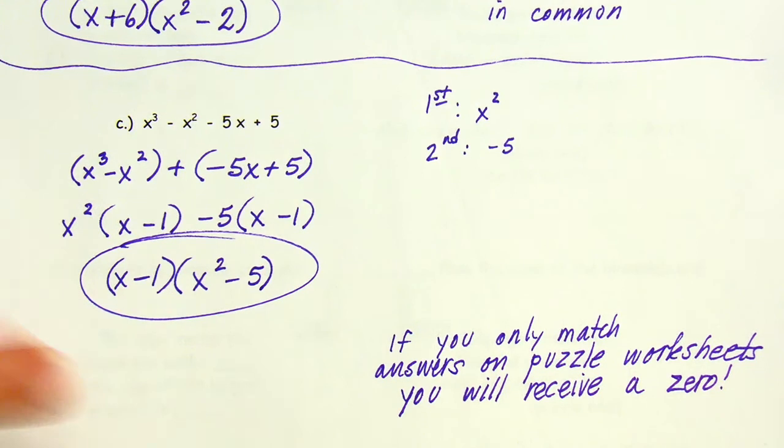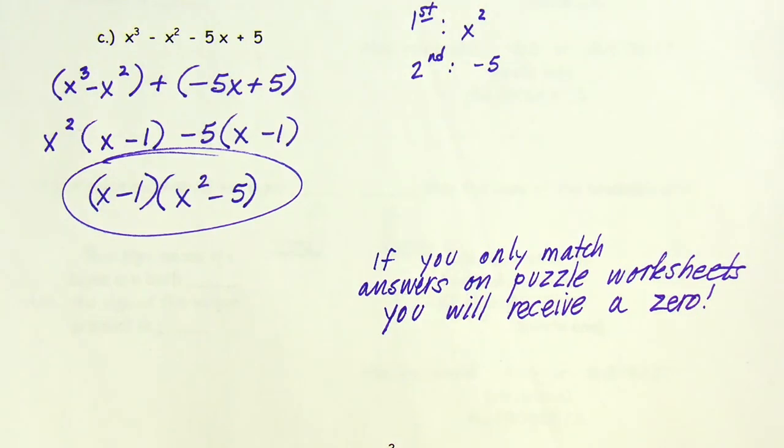If you only match answers on a puzzle worksheet, you will not get credit. You're going to receive a 0. I'm not going to give you credit for that. Anybody can Google anything and look for the answer, and I'm not interested in that.